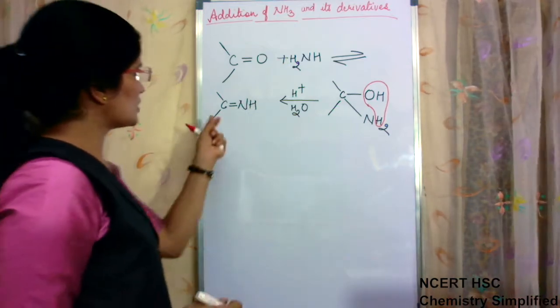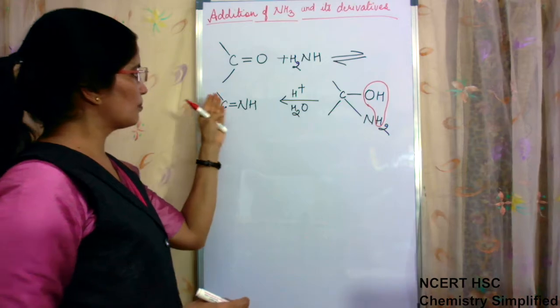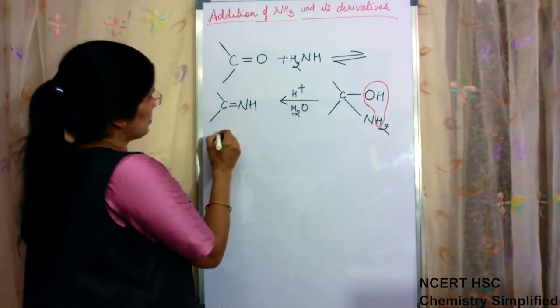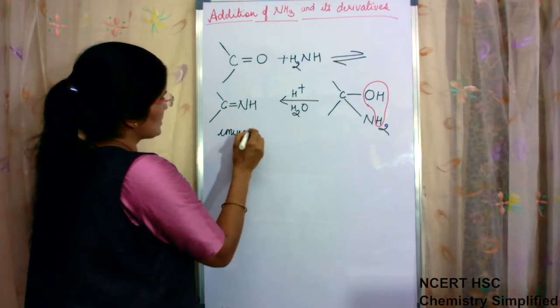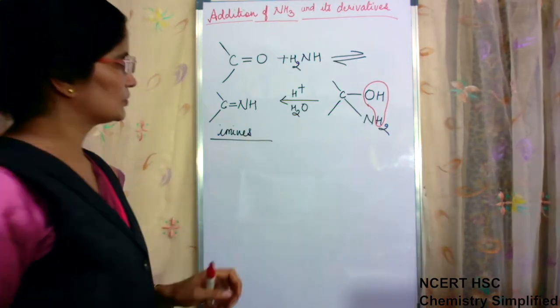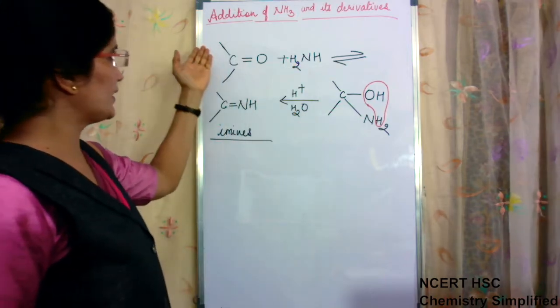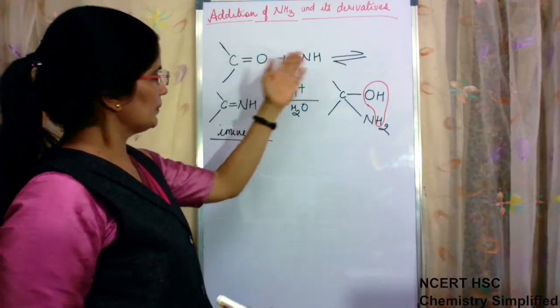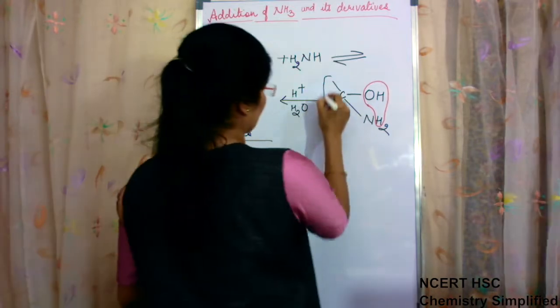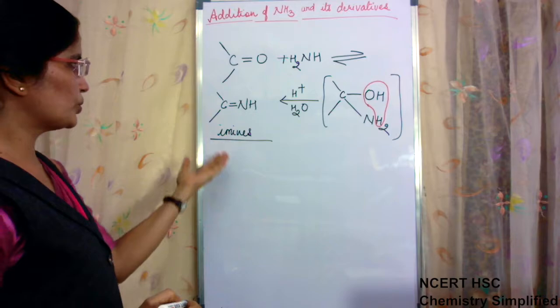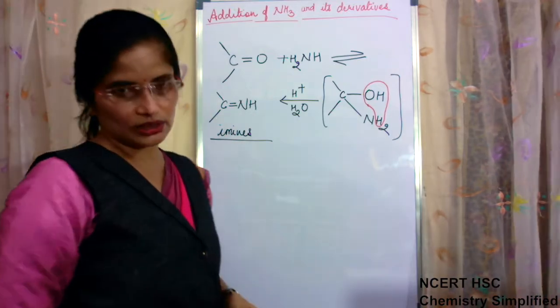So these compounds, when C is bonded to N by double bond, are known as imines. So when ammonia reacts with a carbonyl compound, aldehydes or ketones, then they form an intermediate, which then gives you imines as product.